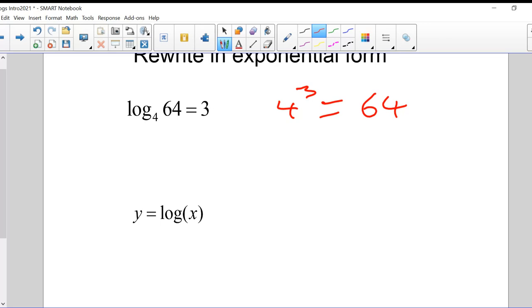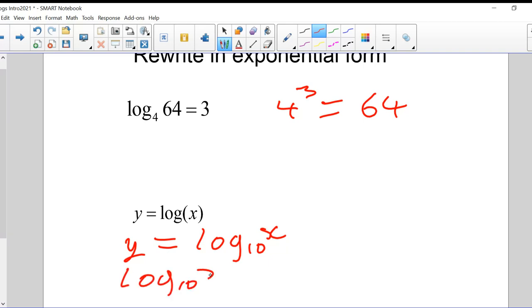Follow that same logic, but let me help you a little bit. I'm going to restate this by saying that y is equal to the log base 10 of x. Or let me put it so that it looks like the one above it: log base 10 of x is equal to y.